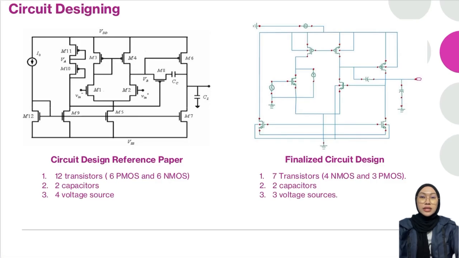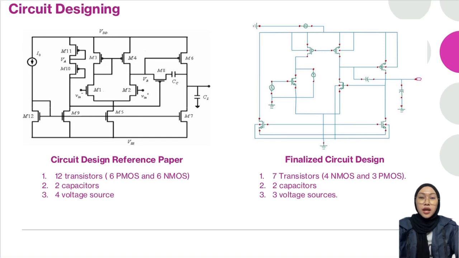This slide outlines the design process starting from the reference circuit design to the finalized version. The reference circuit utilized 12 transistors, which is 6 PMOS and 6 NMOS, 2 capacitors and 4 voltage sources.